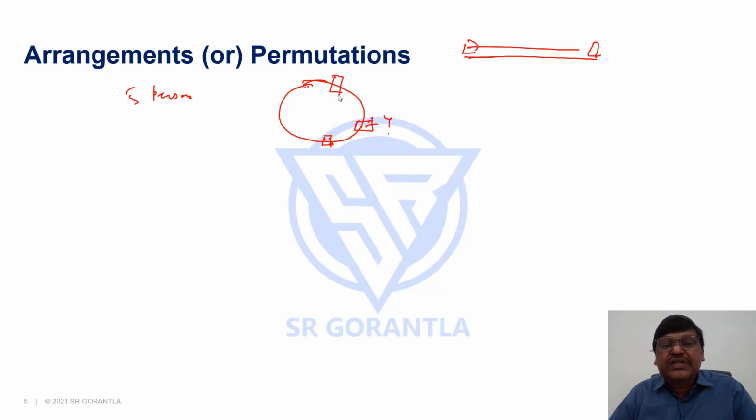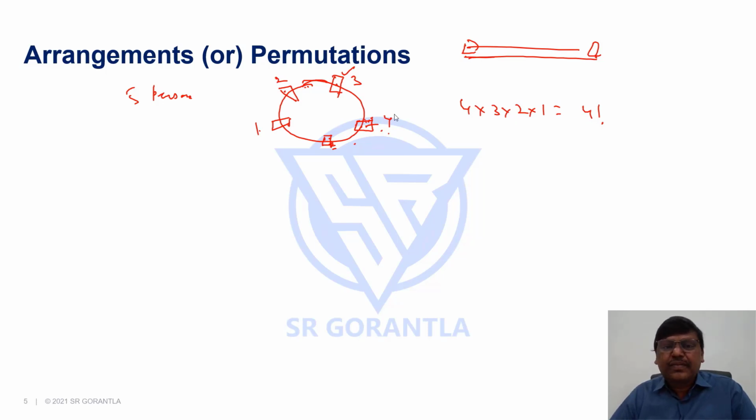And suppose one person is sitting here, how many options are there for someone to sit next? 2 persons are already gone, so 3 ways. For one more person here, it is 2 ways, because only 2 persons are left, and here one way. So it is 4 into 3 into 2 into 1. It is 4 factorial ways.